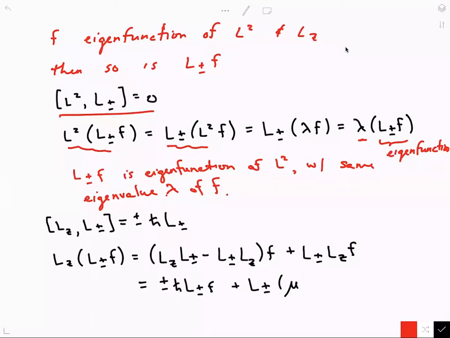And let's say that Lz has this eigenvalue mu with this eigenfunction f.